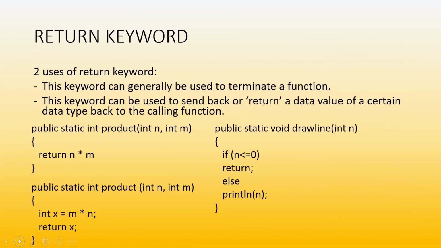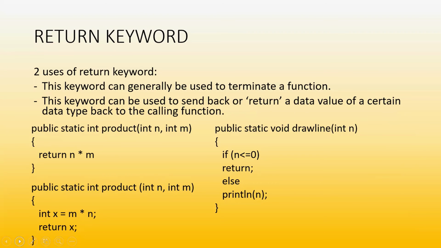Such a sending back of a data value only happens when the return type specified is not void, when the return type specified is int or any other data type. If the specified return data type is void, then we use the keyword return, but there shouldn't be any data value, literal or variable after it.